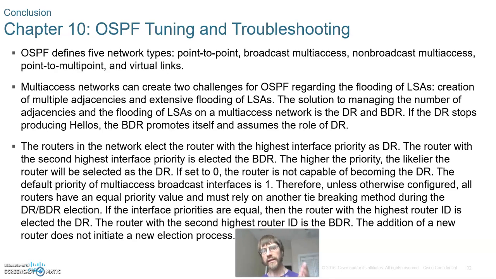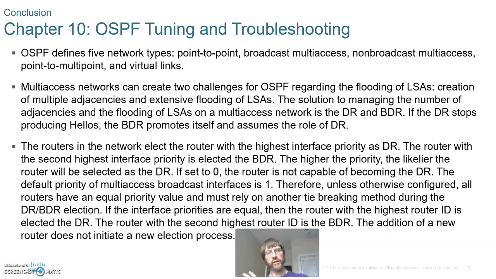We'll talk about that in more detail at the beginning of Section 1. These multi-access networks add some new challenges for OSPF, specifically related to neighbor adjacency, and what that means for the number of LSAs that you have to build and the number of neighbor relationships that you have to maintain.